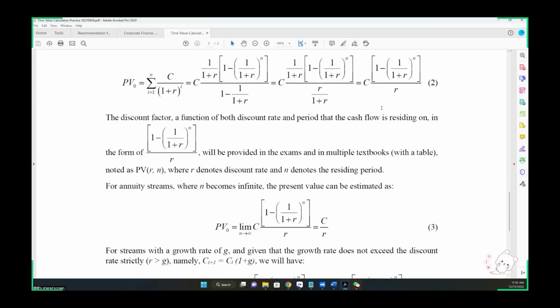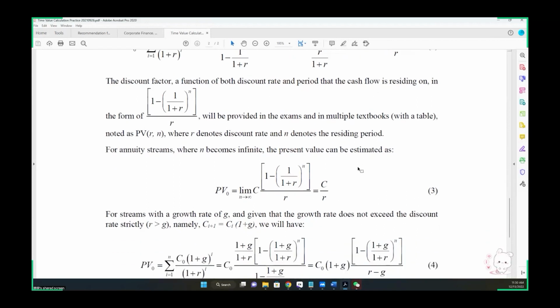Well, that's very mathematical. So by doing this, we have a limit that we call C divided by R, where R is the required return. So this is the simplified form. You'll find this form very useful later in the valuation of bonds and shares.